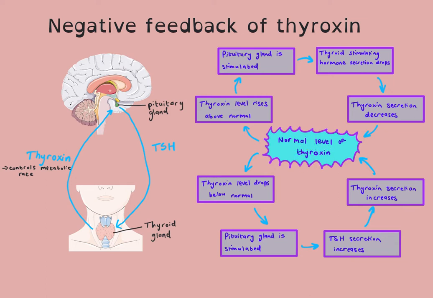This normal range can be achieved by the process of negative feedback, meaning something gets too high and it will be brought back down to normal. Something gets too low and it will be increased back to normal. So it brings about the negative response.